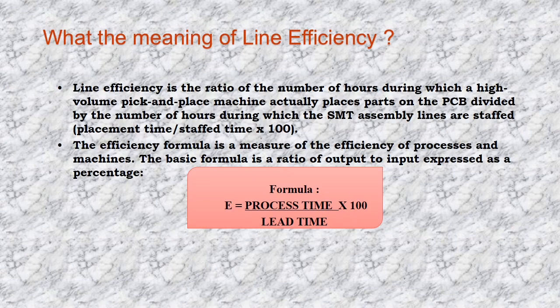This formula is easy for us to understand. This is a basic formula, because line efficiency is the ratio of output to input expressed as a percentage. So I repeat, line efficiency, the formula is output divided by input multiplied by 100.